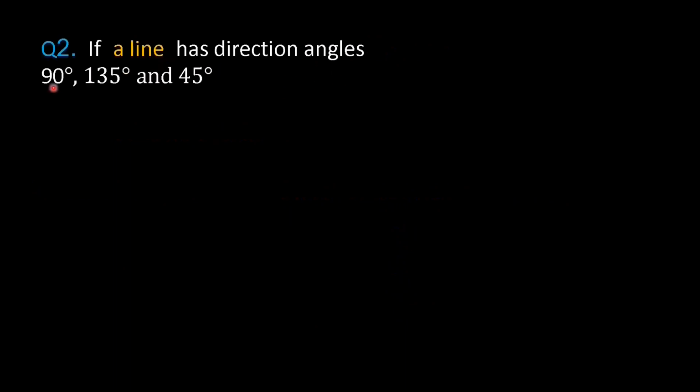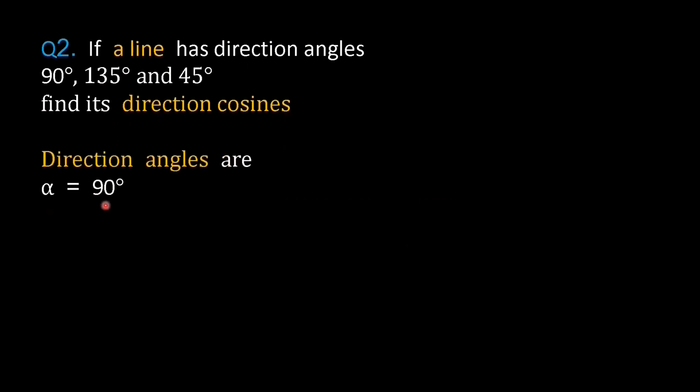So these are the direction cosines 0, half and root 3 by 2. The second question is similar to the first one. If a line has direction angles 90 degrees, 135 degrees and 45 degrees, then we have to find its direction cosines. The direction angles are alpha is 90 degrees, beta is 135 degrees, gamma is 45 degrees.